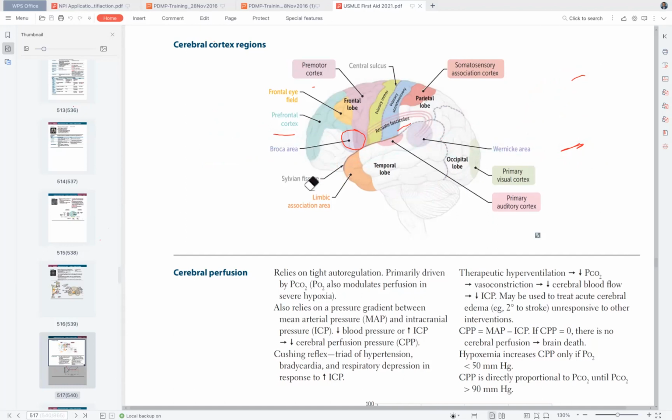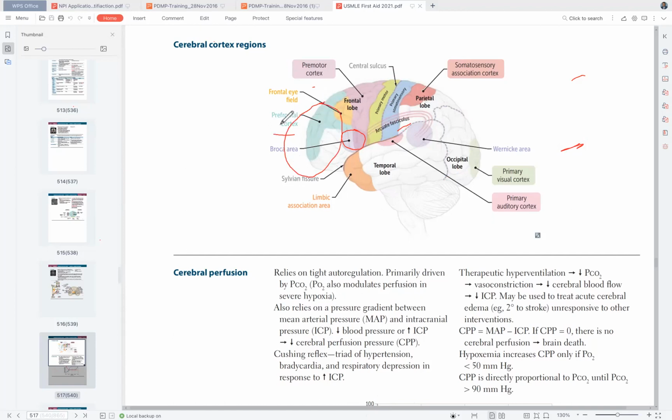Also later on, you will see some of the symptoms of each of the areas. If somebody has a problem with the frontal lobe, what is the main function of the frontal lobe? Mainly it's for executive functions and decision making.